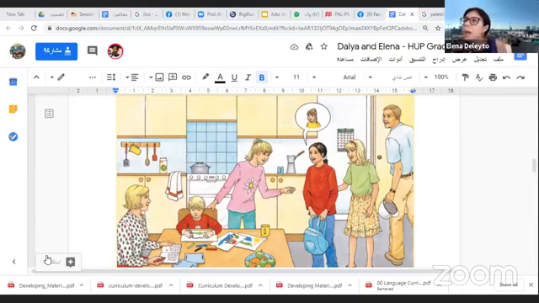Let's see if all together we can get a very detailed description of this pretty picture of a family. Okay, we're going to give you a little bit of time so that you can give us your answers and so that we can see them, because as you know, they take a while to come through. So let's see if you can describe the picture.